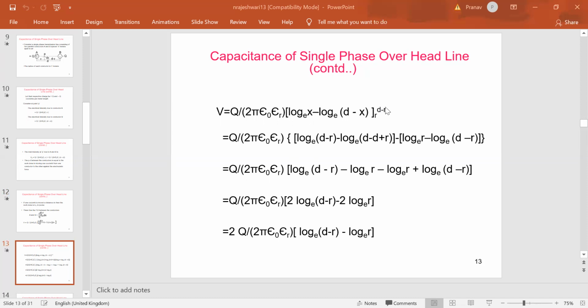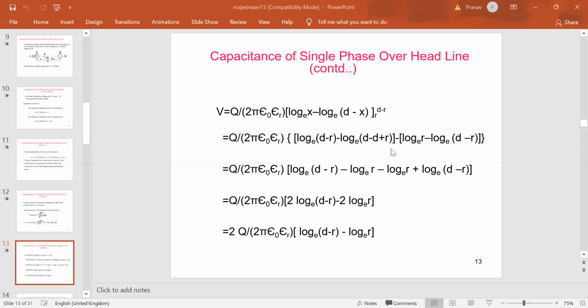So by substituting these two limits in these values, q by 2 pi epsilon naught epsilon r into log of d minus r minus log of d minus d plus r. So log of d minus r is the upper limit, where d minus r gives d minus d plus r, which is r, minus the lower limit, log of r minus log of d minus r.